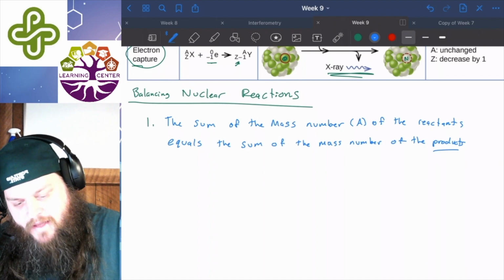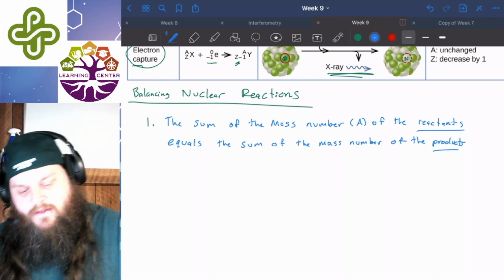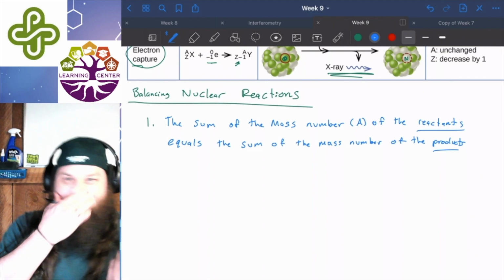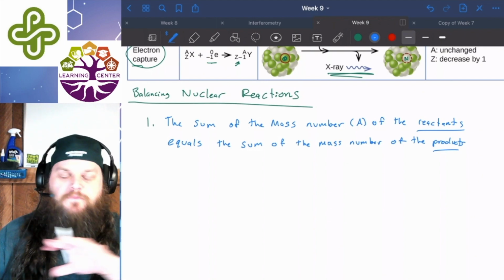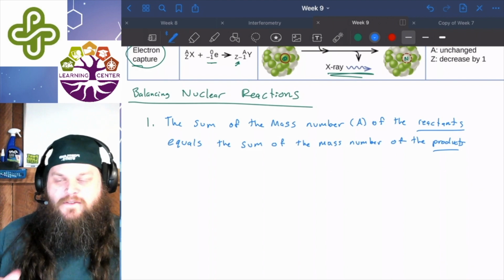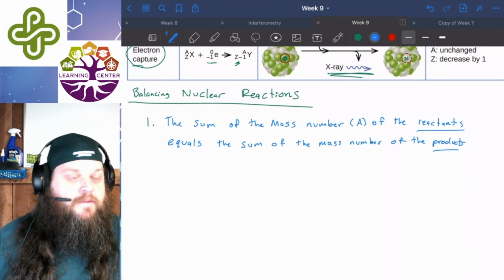So the sum of the mass number of the reactants is equal to the sum of the mass number of the products. And that's that A value on the top on the left side. That mass number is essentially being conserved.